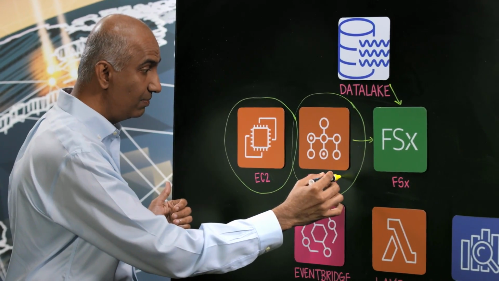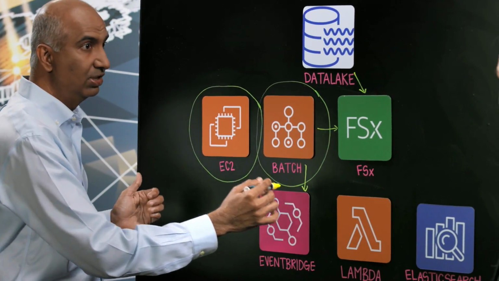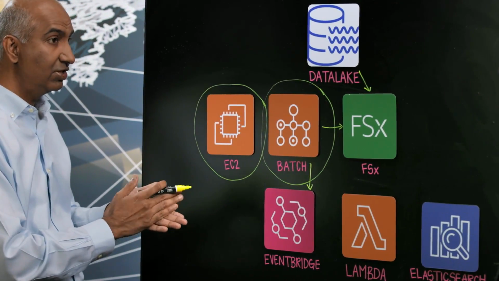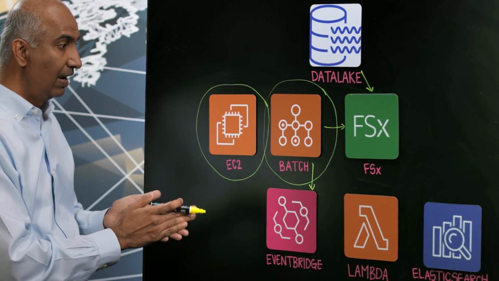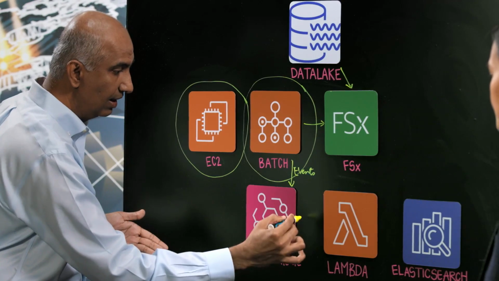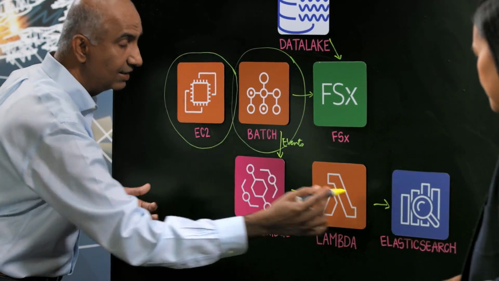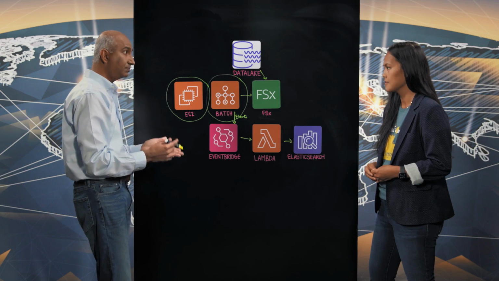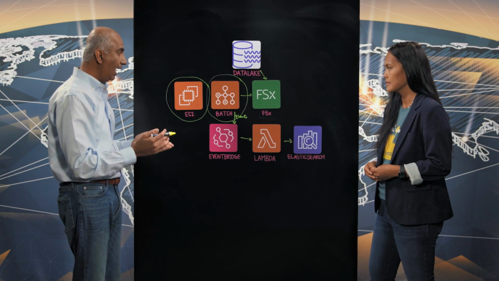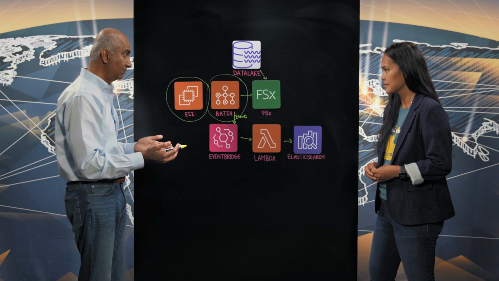We have AWS Batch sending events into EventBridge, notifying the change in status of AWS Batch. These events are then sent by Lambda onto Elasticsearch, where they get indexed. That's how we get to know anything that's failing. We immediately get to know of the events through Elasticsearch.